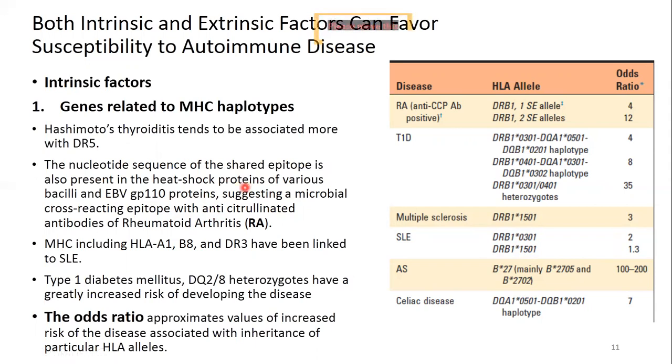So this is about shared epitopes. HLA-A1, B8, DR3 are also linked to SLE and so on. So certain MHC haplotypes are associated with, or at least increase the risk for, certain autoimmune diseases, as we see in this table.